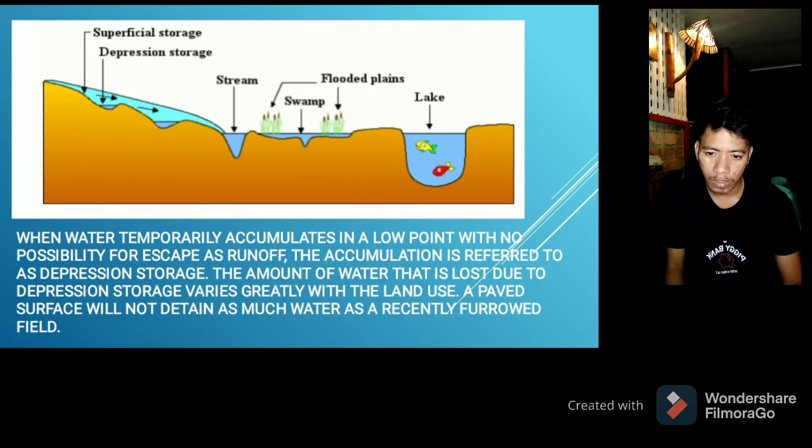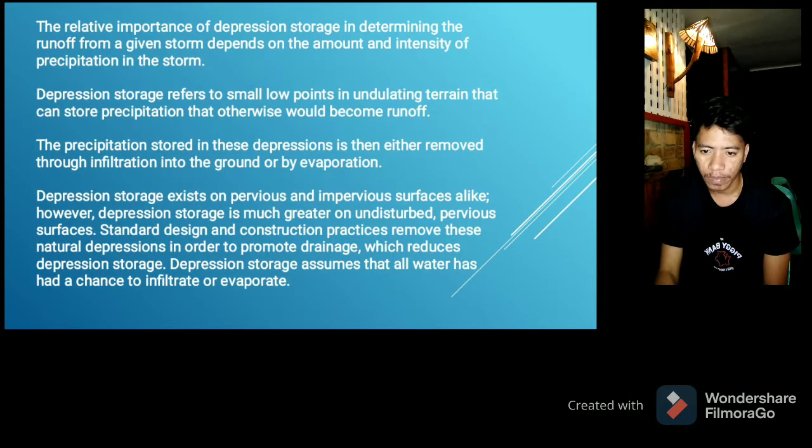But due to the depression storage, some of the water is trapped here and cannot find a way to exit and make another runoff. So the relative importance of depression storage in determining the runoff from a given storm depends on the intensity of precipitation in the storm.